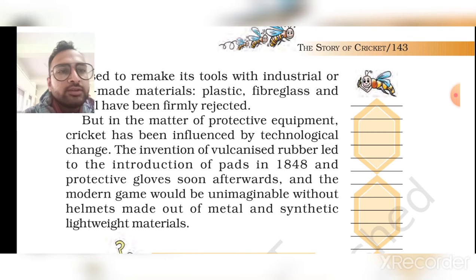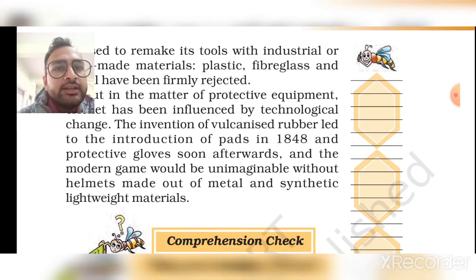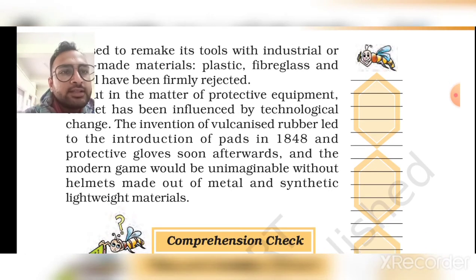The invention of vulcanized rubber led to the introduction of pads in 1848. Pads mean what a batsman wears, and protective gloves soon after. And the modern game would be unimaginable without helmets made out of metal and synthetic lightweight material.